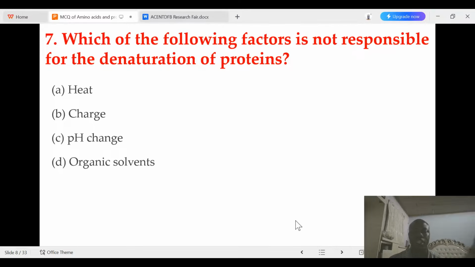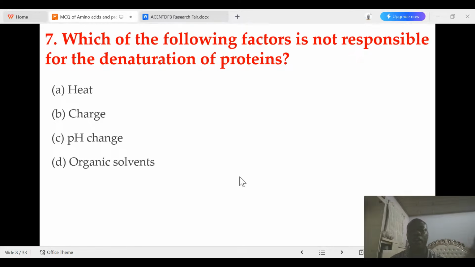D, organic solvent. So ladies and gentlemen, what is the answer to question 7?